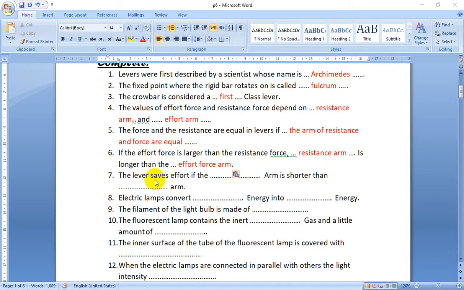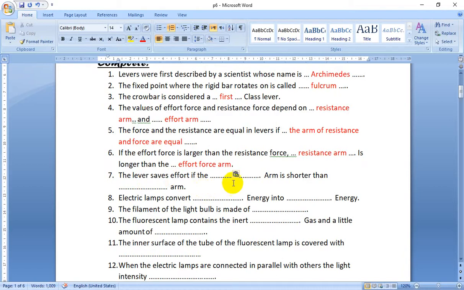Number 7, the lever saves effort if the which arm is shorter than which arm. Do you remember when we said that to save effort, the effort force must be smaller than the resistance force?